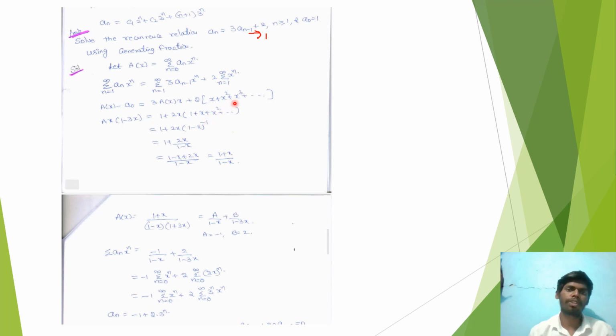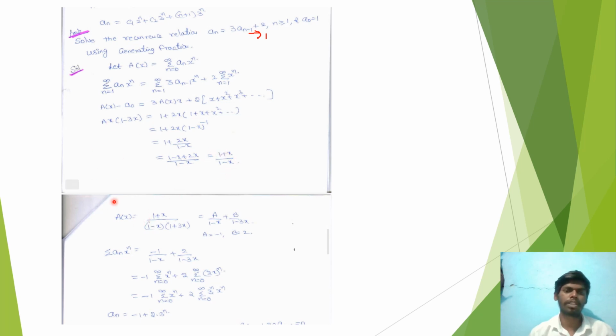So we know that in a geometric progression, 1 plus x plus x squared up to so on, we can write as 1 by 1 minus x. So here it is written as 1 minus x to the power of minus 1, so it is the inverse. Now we have to solve this, so that we'll get 1 plus x by 1 minus x.